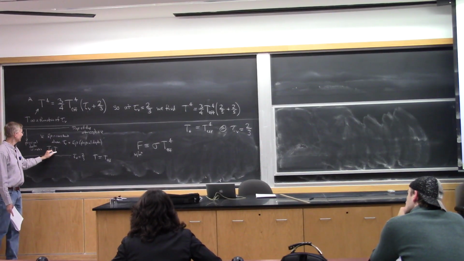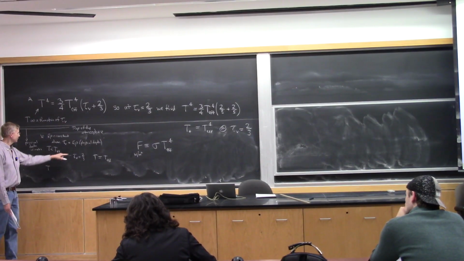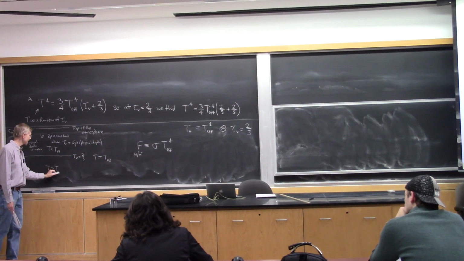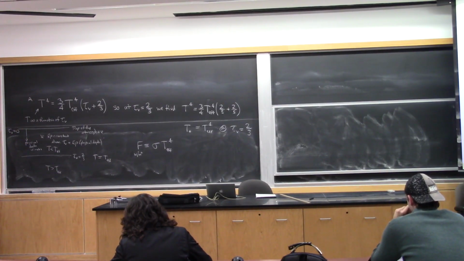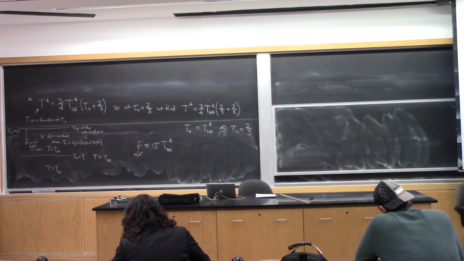So above tau_V equals 2/3, T is less than T_eff; below it, T is greater than T_eff; T is equal to T_eff at that layer. Again, gray atmosphere, Eddington approximation, local thermodynamic equilibrium. These are all approximate relations, but they're useful even when the assumptions don't fully hold. It's still a useful way to think of things.